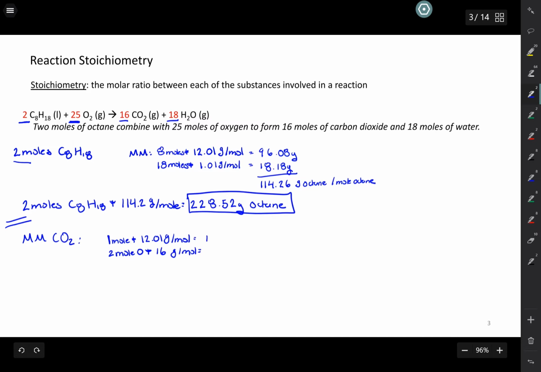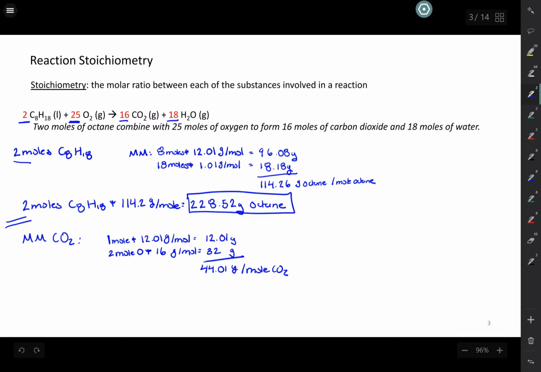So we'll add together 12.01 and 32 grams, and we should end up with 44.01 grams per mole of CO2.